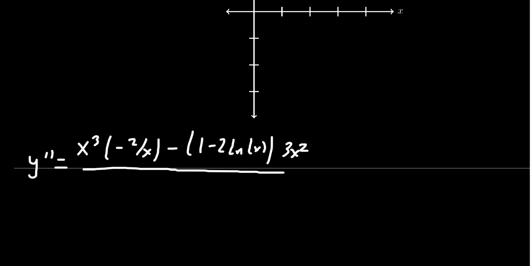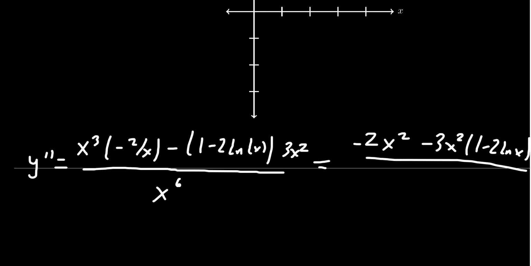Here we go. So we get x to the 6th in the bottom right here. And then trying to simplify this thing along the way, x cubed times negative 2 over x will give us negative 2x squared. We get this negative 3x squared times 1 minus 2 natural log of x, all over x to the 6th. So factor out the negative x squared that's common to the numerator.